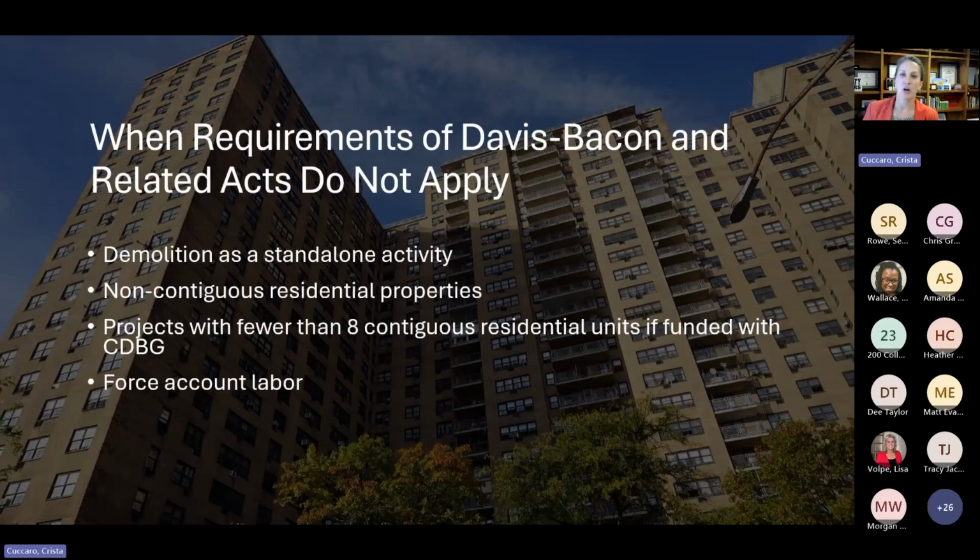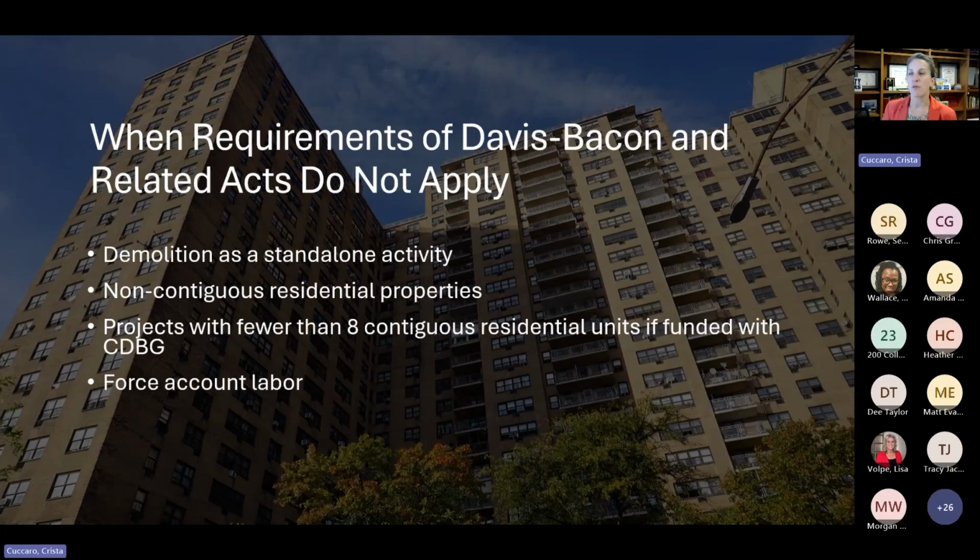Davis-Bacon and related acts also do not apply to projects with fewer than 8 contiguous residential units if it's funded with CDBG. So if we're talking about 8 contiguous residential units or less, then we do not have to apply Davis-Bacon. But once we get more than 8, we do have to apply Davis-Bacon.